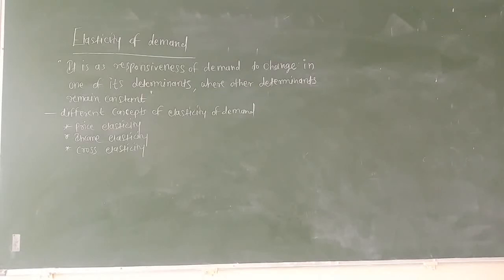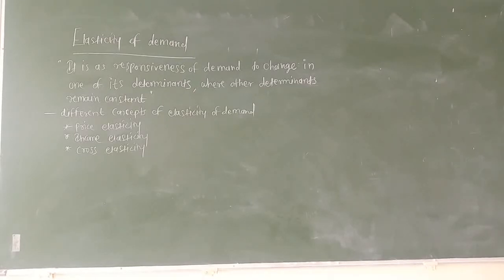And in the last section we discussed the movement along the demand curve with the help of the diagram. In the diagram you have seen, when the price decreases, the demand for the good expands, so the demand curve moves downward, and it is called the expansion of demand.